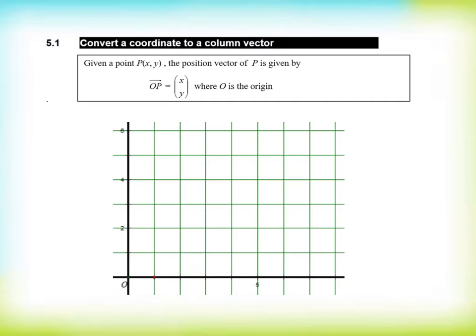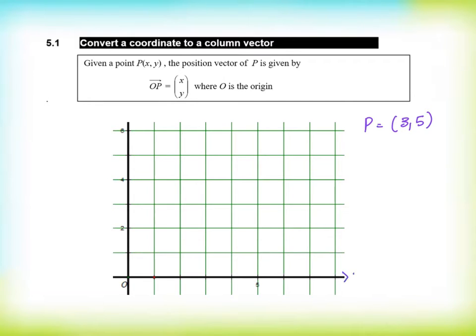Now remember, column vector form is given as the number of units that we travel in the x-axis direction and the y-axis direction. So for example, if I give you a point P to be the point (3, 5), where will this point be on the x and y axis system?